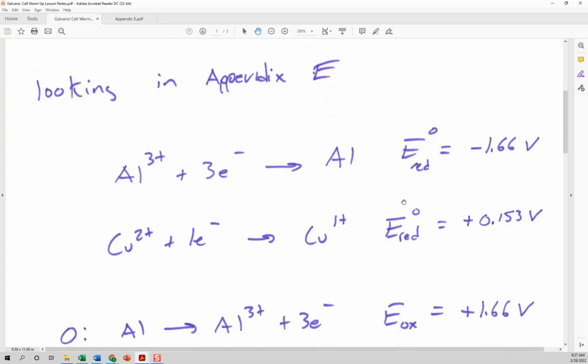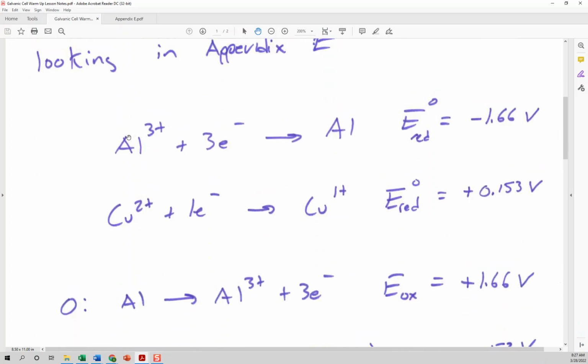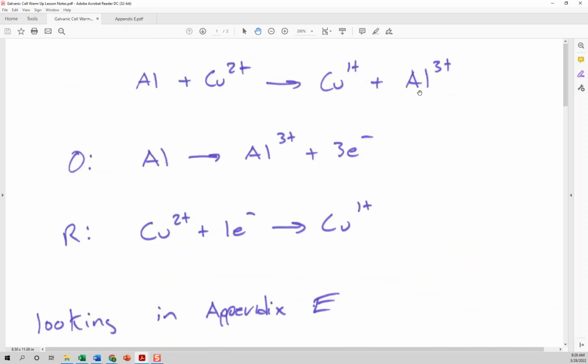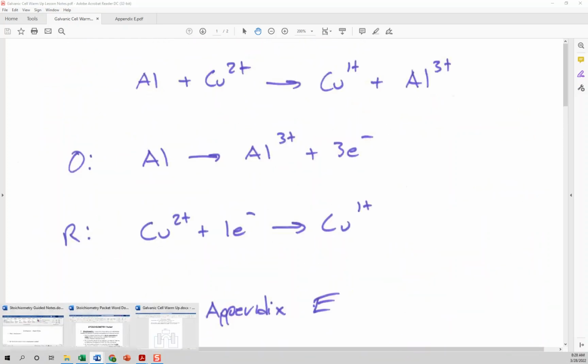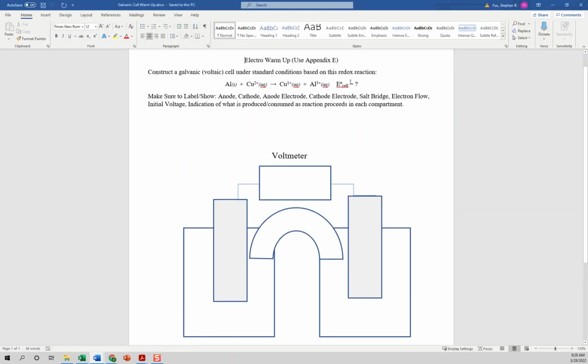But remember, right, this reaction is happening, so that's E red, but we really need E ox to get the overall potential for the reaction, right? If we look at what we're trying to figure out is the cell potential for the overall redox reaction. So we have E red, but we need E ox, right?